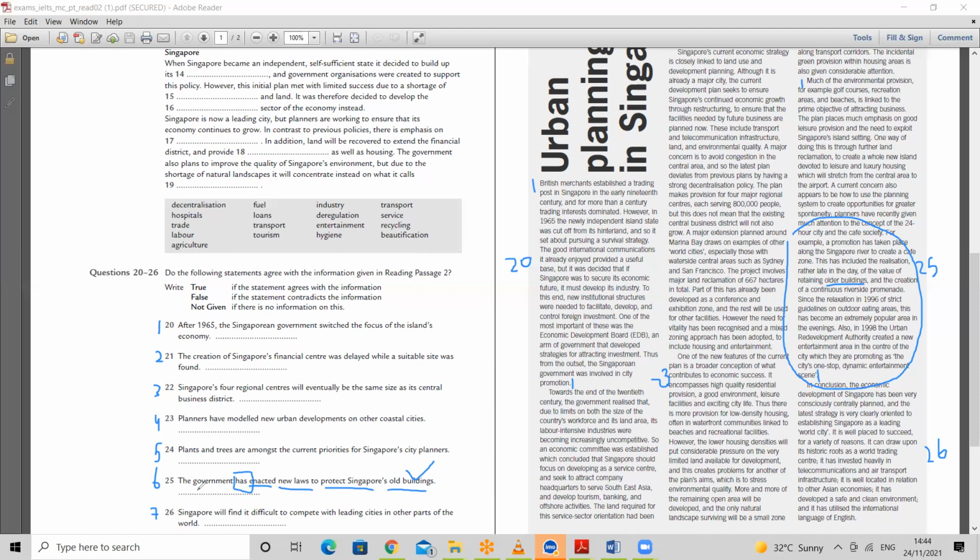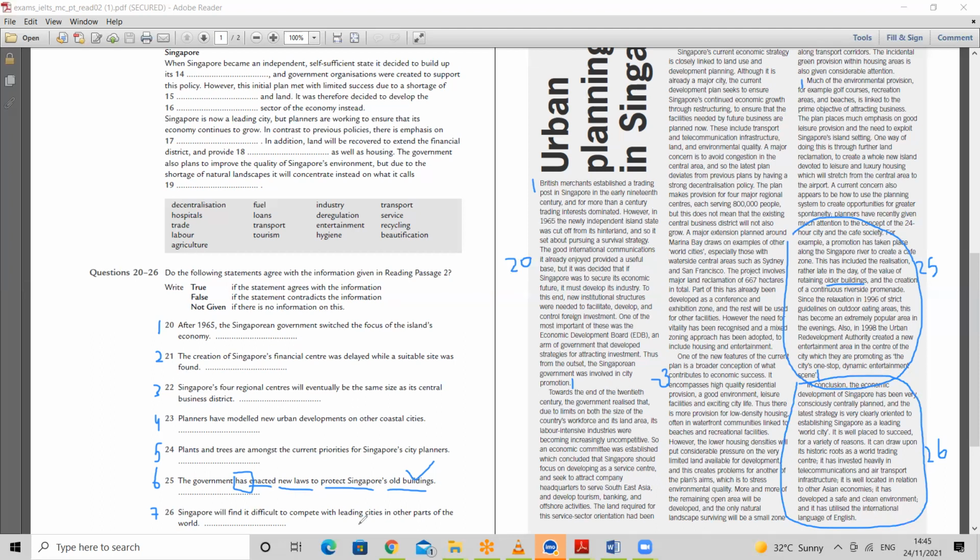Right, now let's look at another question, which is question number 26. And I know that I'm going to look at the last paragraph for the last question. Now let's read the statement, then turn the statement into a closed question, and then find out the important keywords. Now, it says that Singapore will find it difficult to compete with leading cities in other parts of the world.